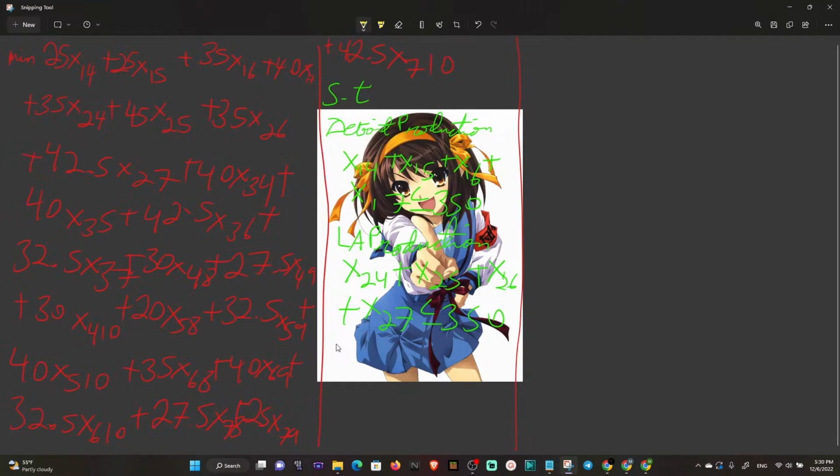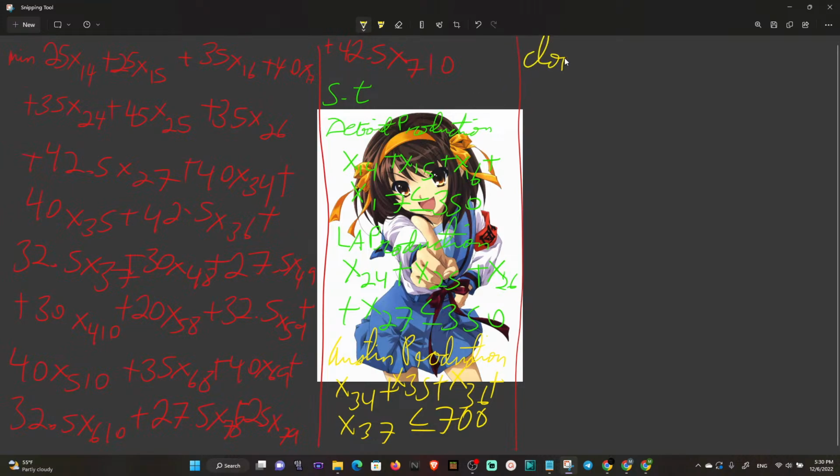And we'll go to Austin production, x34 plus x35 plus x36 plus x37 is less than or equal to 700. Pretty fair, right?